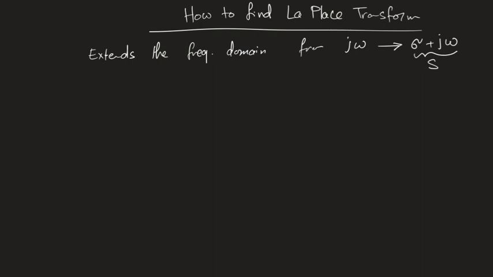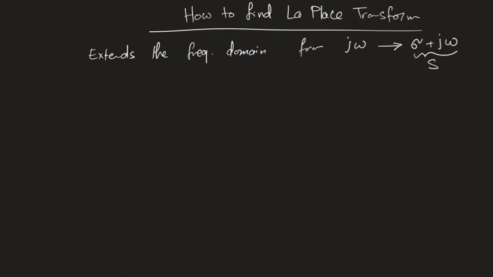And based on this, you can expect the following. The definitions of the Fourier transform are very similar to the definition of the Laplace transform in terms of the mathematical representation. We will see that now. The properties of the Fourier transform are very similar to the properties of the Laplace transform. So whatever you studied about the Fourier, for example, multiplication in time is convolution in frequency, and convolution in time is multiplication in frequency. The same happens for the Laplace.